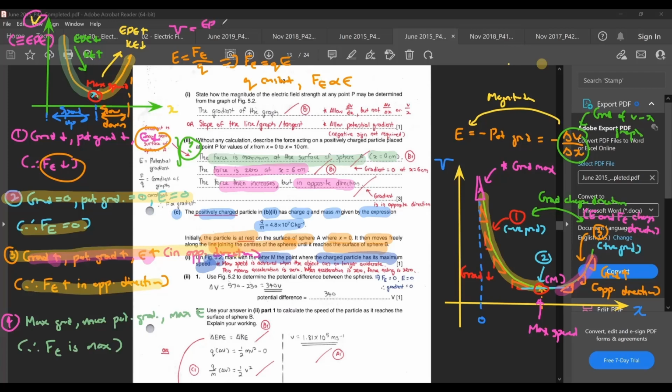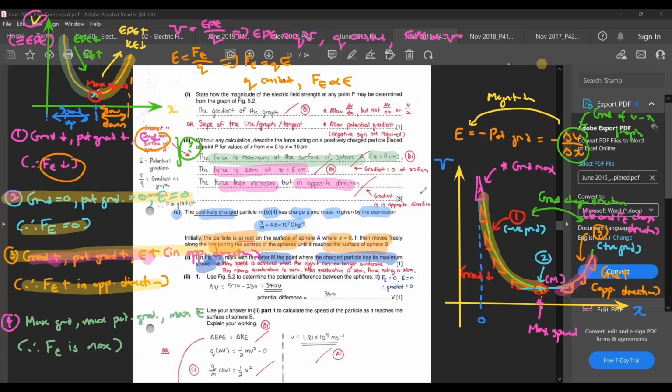Potential is EPE over Q, so EPE at a point is equal to QV. If Q is constant, EPE is proportional to V. That's why I can say here EPE drops and EPE increases after that, even though it's just potential. So the point M here is the minimum point.